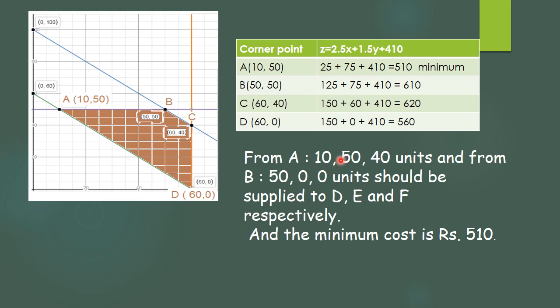The shop D's requirement was 60, out of that 10 was supplied from here, it will be 50, 0, 0 units should be supplied to D, E, F respectively. Just these values what we get, x, y, substitute in the diagram that we have drawn in the initial state, and you will get all this, and its minimum cost is 510.